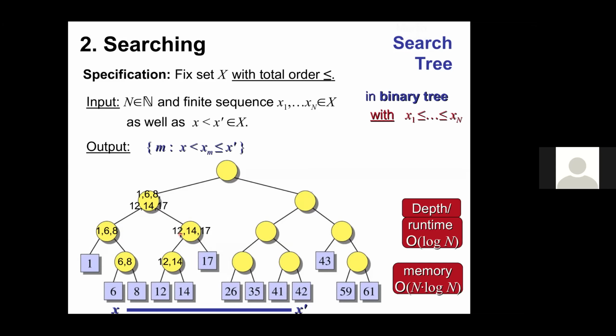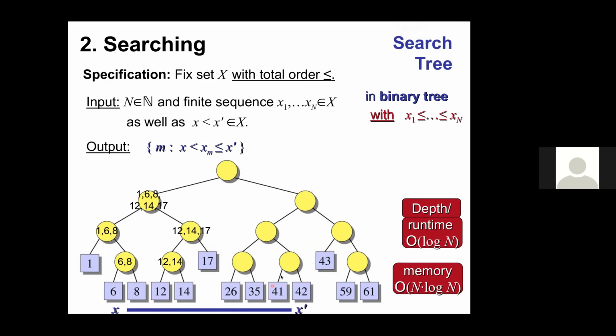Here, for example, you have these 6 elements. The largest element on the left is 8. The smallest element on the right is 12. Now x is less than 8, so this means that x must be somewhere below this node. Now you again do this: 1 and 6. Now x is bigger than 1, so it must go to the right. And 6 and 8, and x is equal to 6, so you have to go to the left. And you get the position of x.